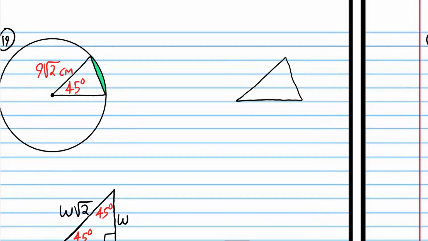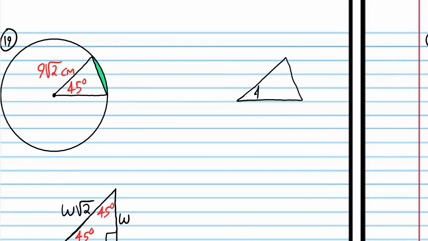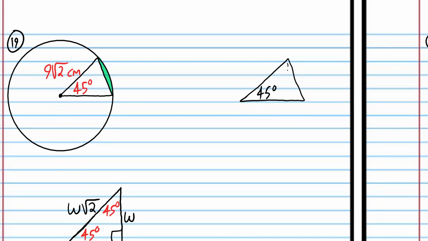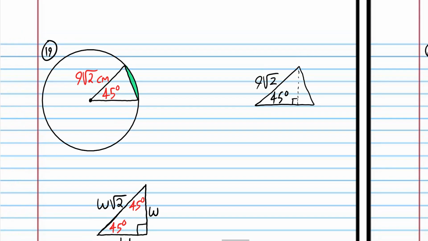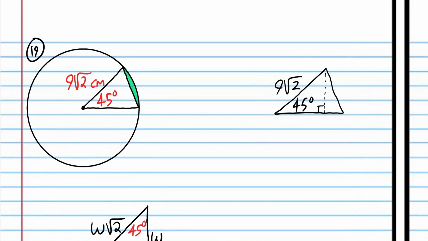Again, it's not perfect. And we know that this angle is 45 degrees, and we drop the altitude down. And we know that this side is 9 root 2. And it's important to understand that we just need to find the height, you see. But this overall base, we already know what that is.